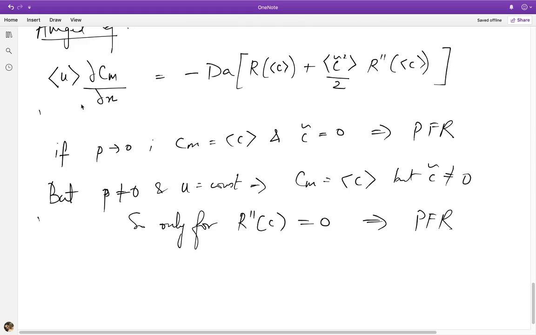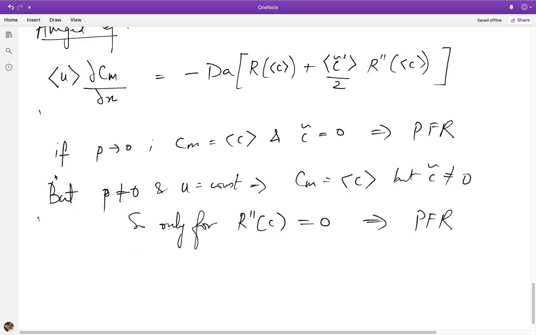So this term becomes the same as what you have in the PFR. However, the reaction rate term introduces corrections unless you have first order kinetics. So a tubular reactor with a plug flow velocity profile and supporting a first order kinetics reaction can be described by a plug flow model even if you don't have perfect radial mixing. However, if you have a second order reaction or higher, the plug flow model will have errors.